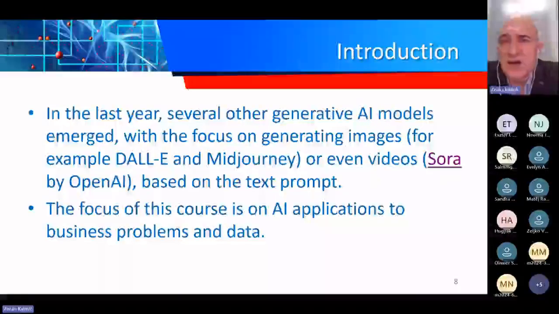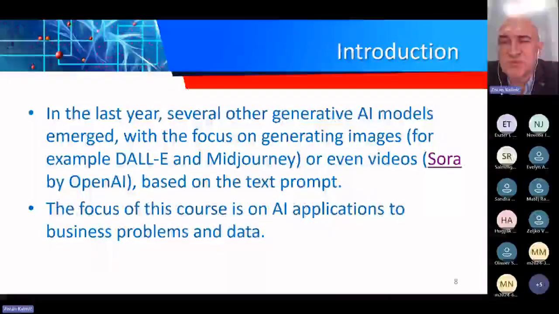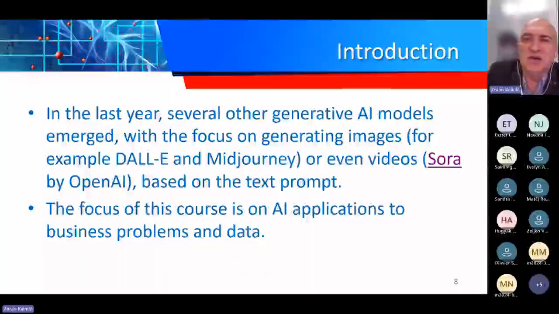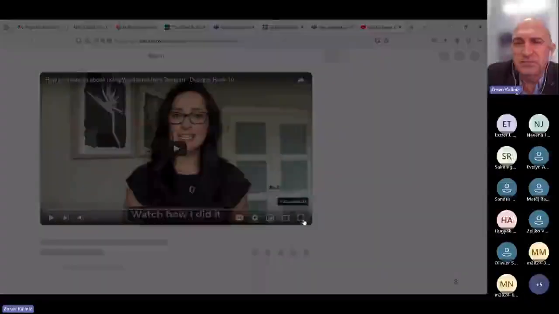Of course, there are other examples of the application of generative AI, because there are also some systems that can, based on a text prompt, generate images like DALL-E or Midjourney. I'm sure that you already tried some of these tools, or they can even create some videos. So now we will see a short video created completely by AI.